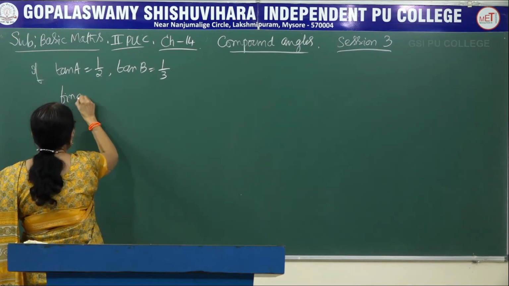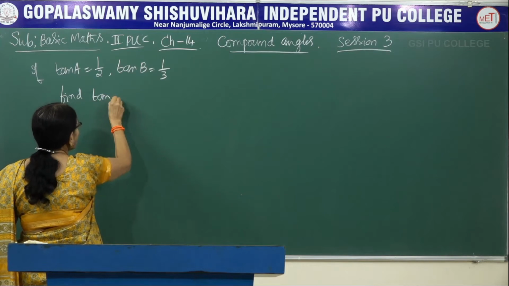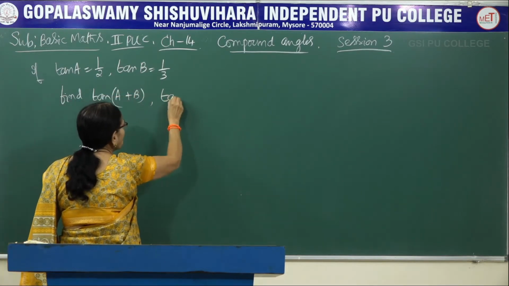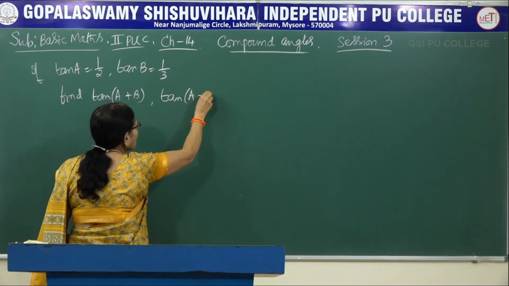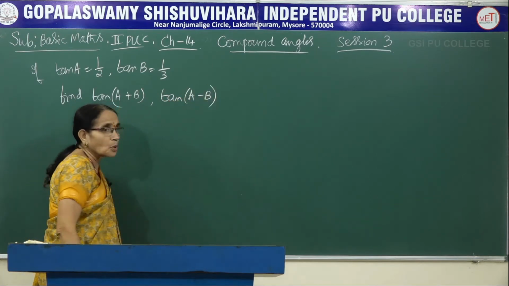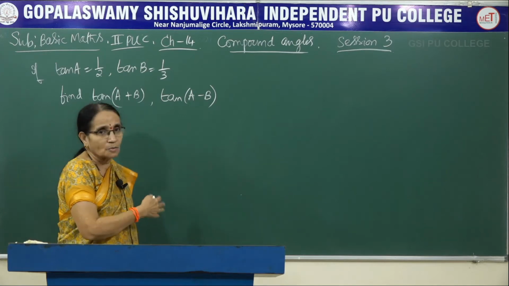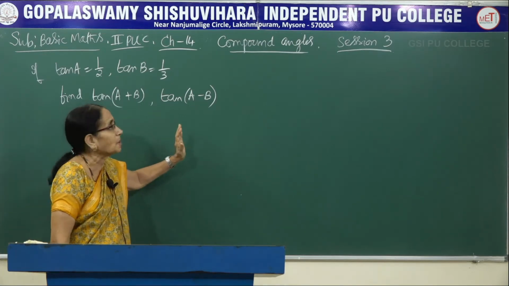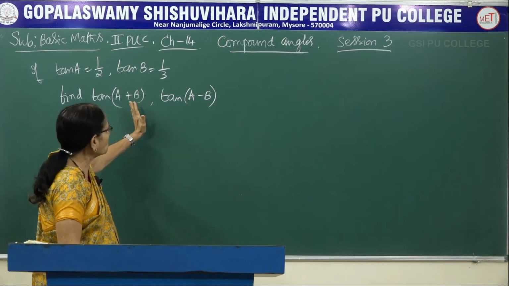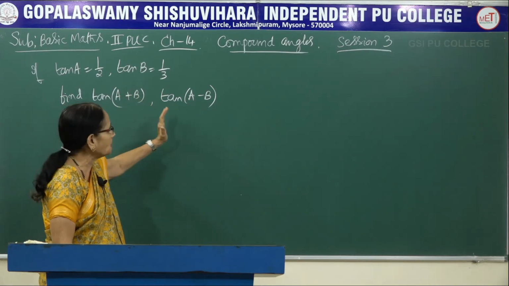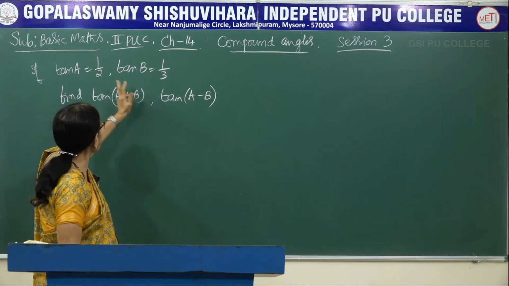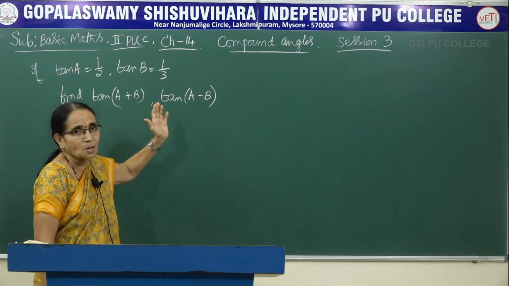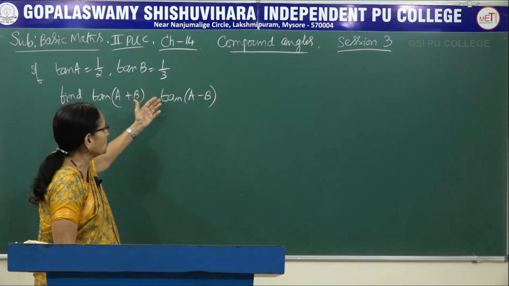That is, we are getting the value of the tan ratio for both the compound angles, a plus b as well as a minus b. Now, you know the expansions of both a plus b and a minus b, and we have already been given the values of tan a as well as tan b. So, it is a direct application of that.